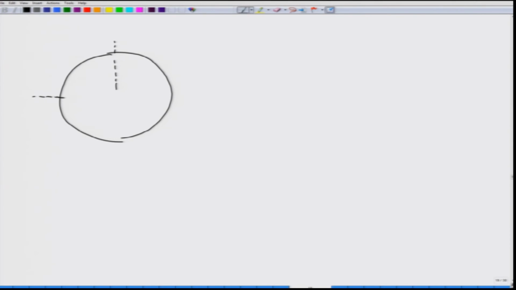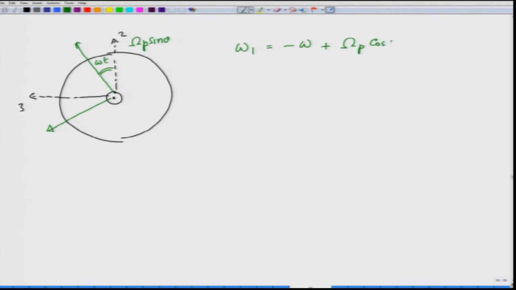with the original 2 and 3 like this, 2, 3 original, 1 coming out, with time 2 goes like this and 3 like this, with this angle being omega t. Omega p sine theta is along the direction of original 2, and therefore I have omega 1, which is minus omega... Oh, I should also add the component plus omega p cosine theta.